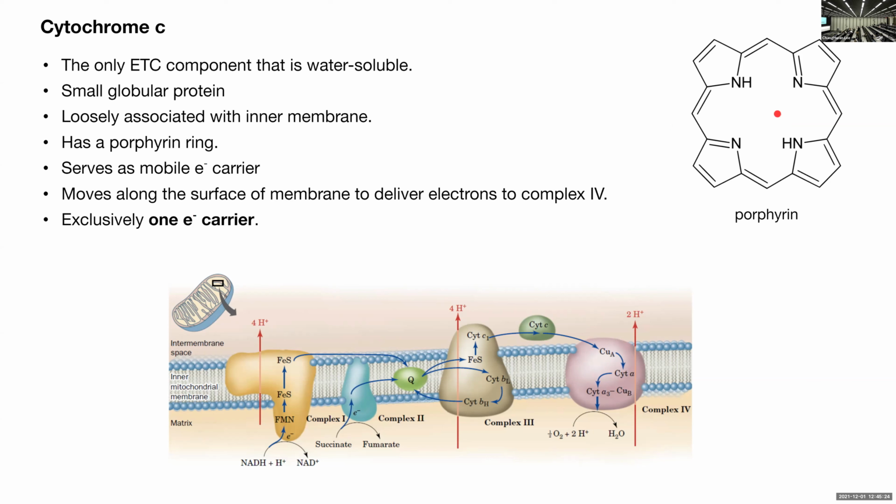That metal ion is important for holding the electron, something similar to the iron sulfur cluster. It can be an iron ion sitting right here. It serves as a mobile electron carrier and moves along the surface of the membrane by diffusion, interacting with complex 3 as well as complex 4, and exclusively carries 1 electron.